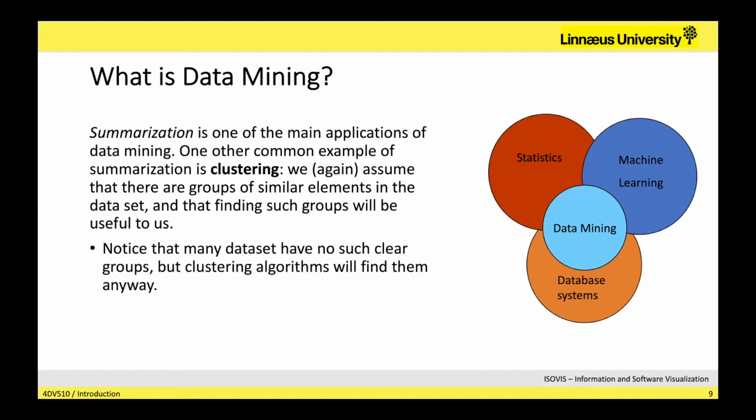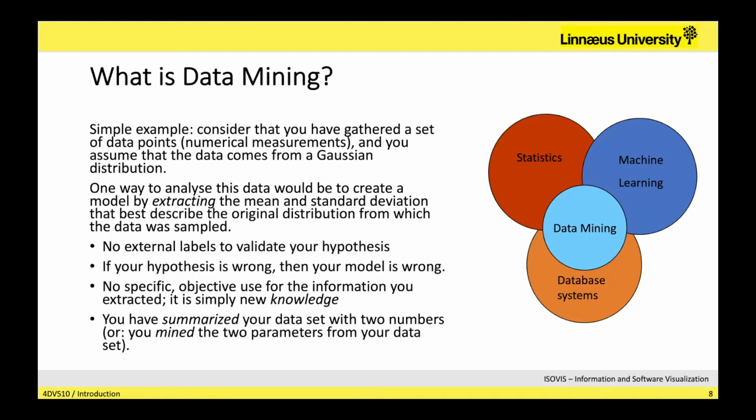So you see how that's one thing that I forgot to say in the previous slide. If your hypothesis is wrong, or if your assumptions about your data are wrong, then your model will also be wrong.